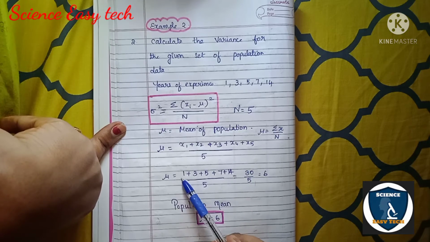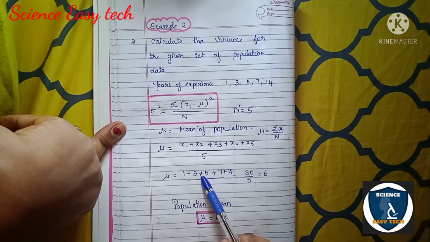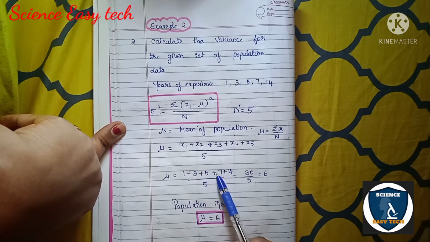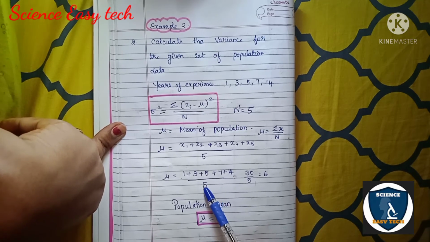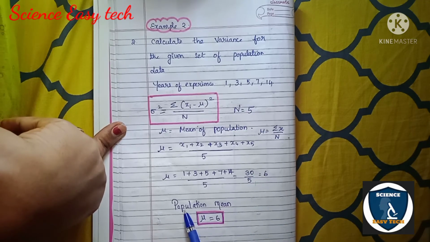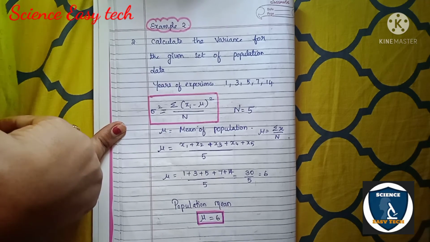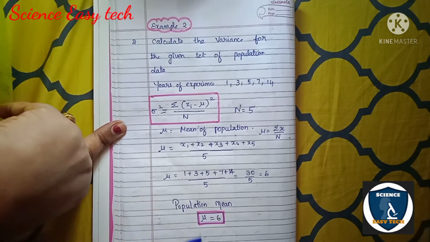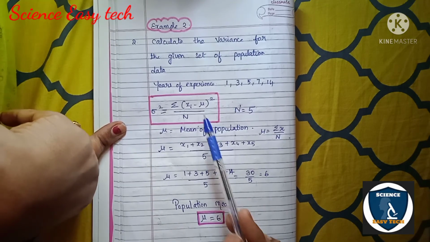Add everything: 1 plus 3 plus 5 plus 7 plus 14 divided by 5, which is equal to 30 divided by 5. So the population mean mu is equal to 6. So you have calculated the mu value.